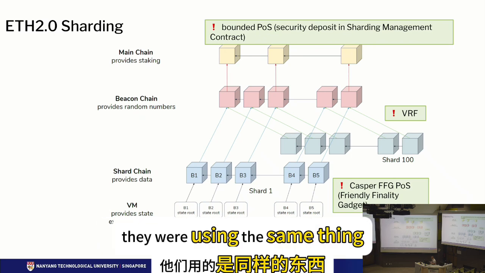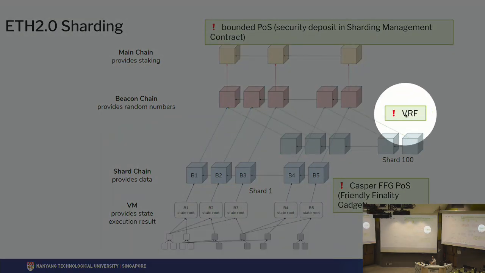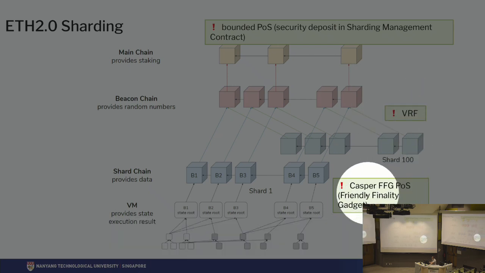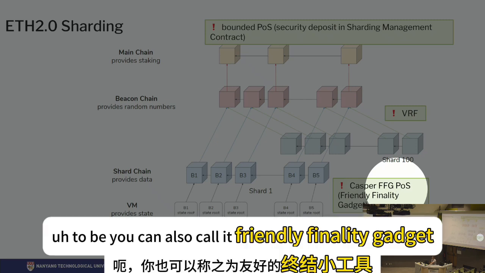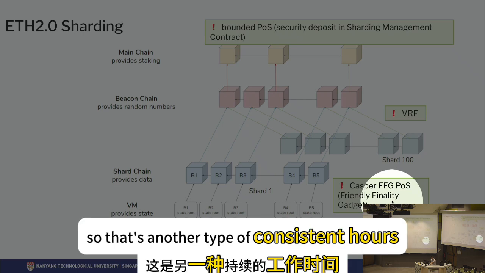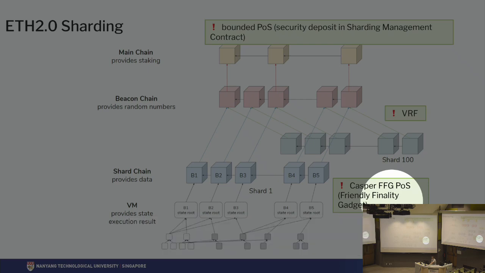They used the same thing: on the consensus side, for the Beacon chain they use VRF. On the sharded chain they use Casper. It's another type of FFG PoS, another type of consensus. You can also call it the friendly finality gadget, FFG. That's another type of consensus algorithm ETH 2.0 was initially designed for.